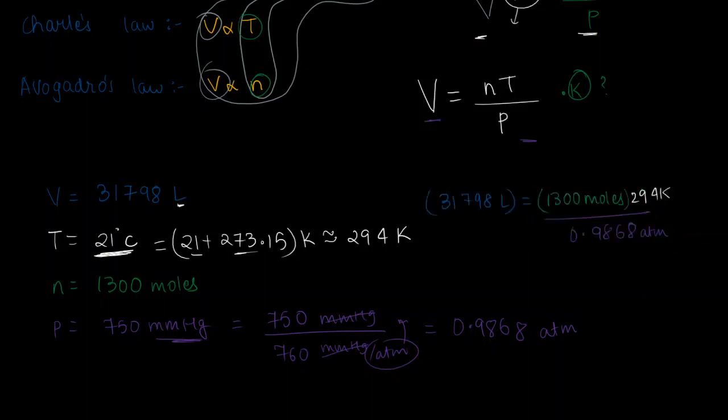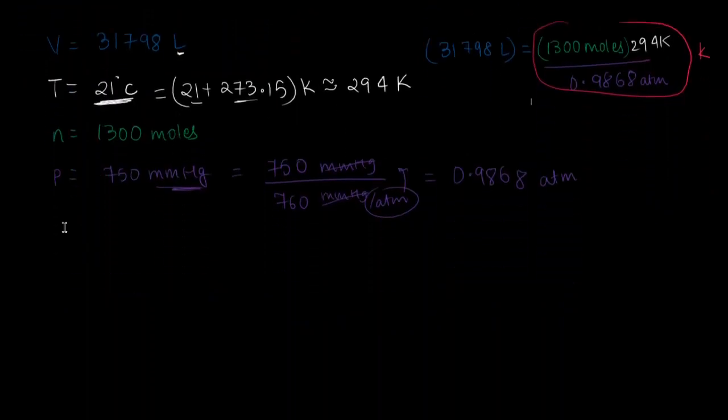And then what is left? This constant K. Let's write it in pink. Now what you can do is cross multiply. You can take this and divide by this on both sides, and you will arrive at an expression of K that will look something like this.